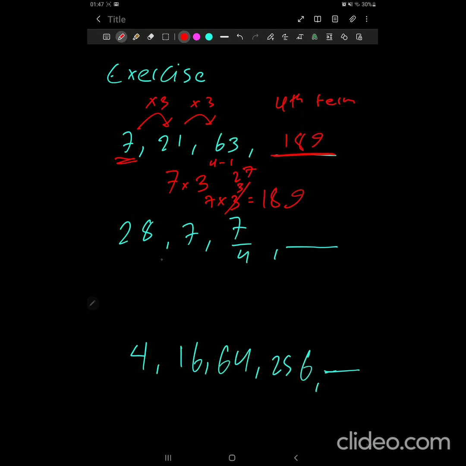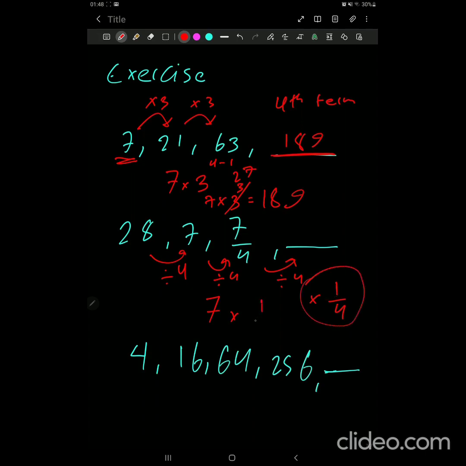The second one, the ratio will be divided by 4. So it will be 7 times, now instead of dividing by 4, dividing by 4 is just the same as multiplying by 1/4, right?